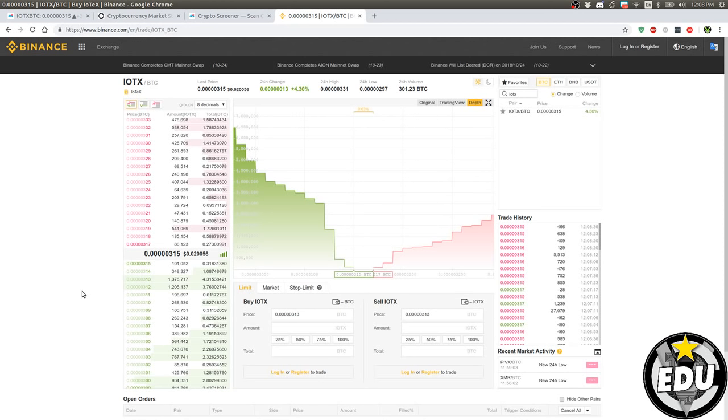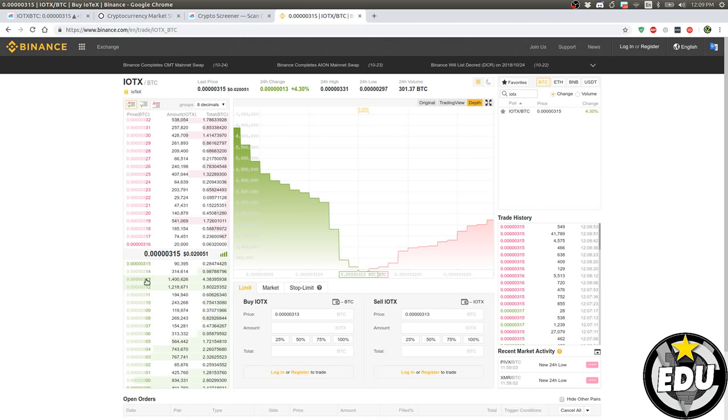Regarding the walls, you guys should know that in crypto there are fake walls. Just to give a quick definition, fake walls are buy orders placed by whales or by people that want to simulate a possible pump.